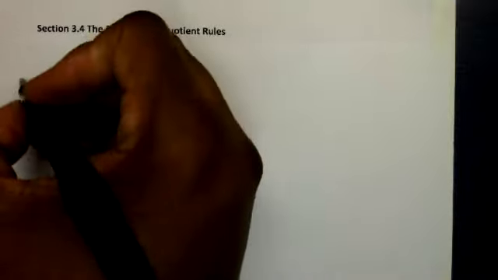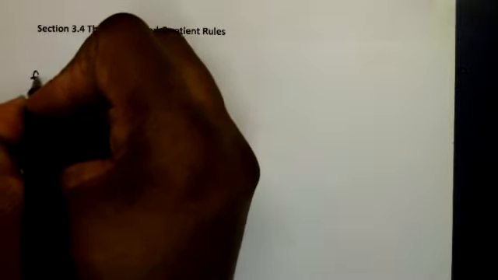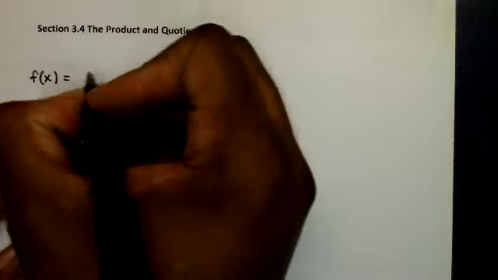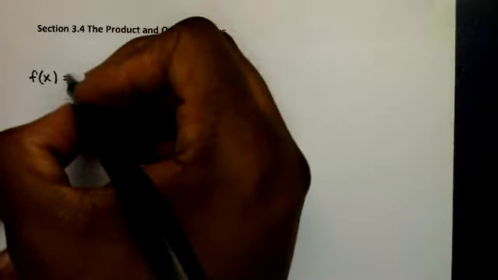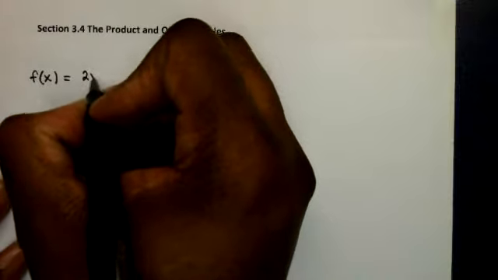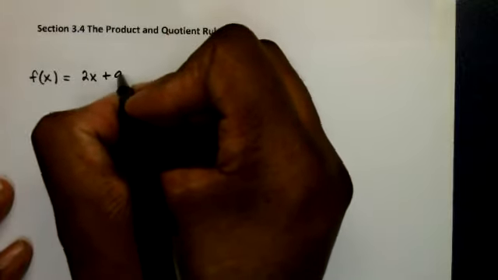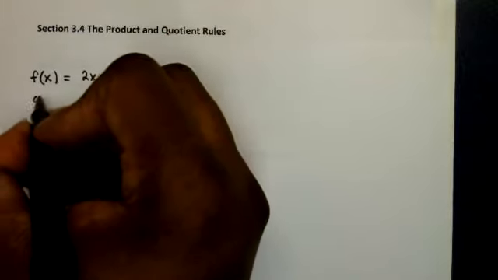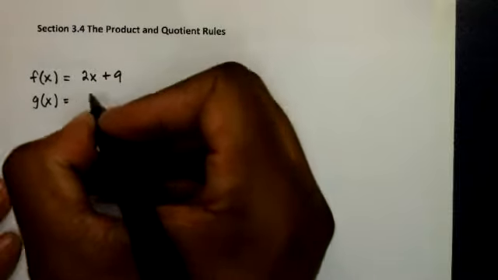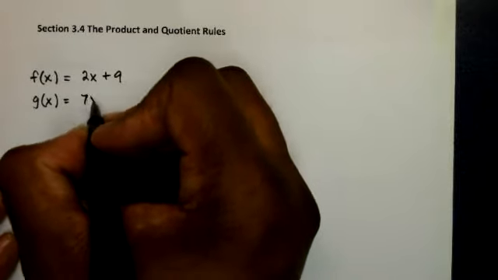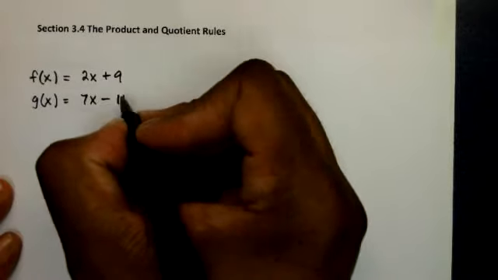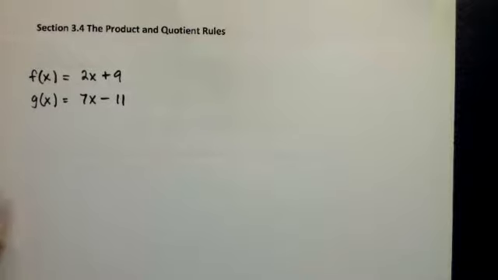So let's say we had these two functions, f of x is equal to 2x plus 9, and g of x is equal to 7x minus 11.